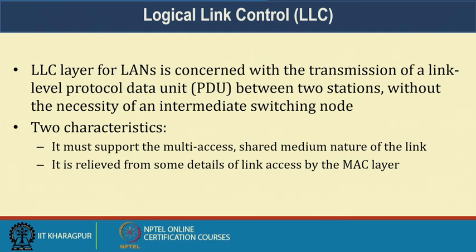It is relieved from some details of the link access by the MAC layer. In other words, some of the media access things are pushed into the MAC layer. Conceptually, the data link layer is divided into LLC and the MAC layer.